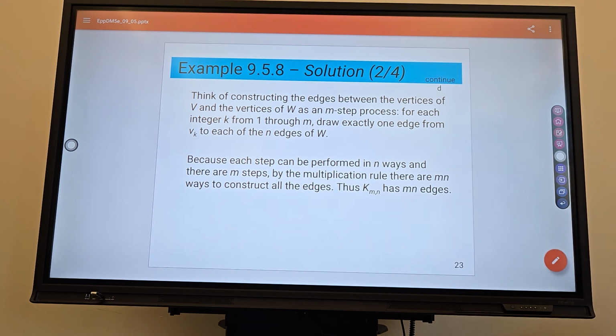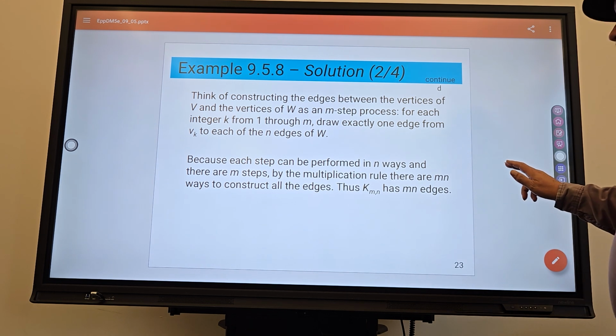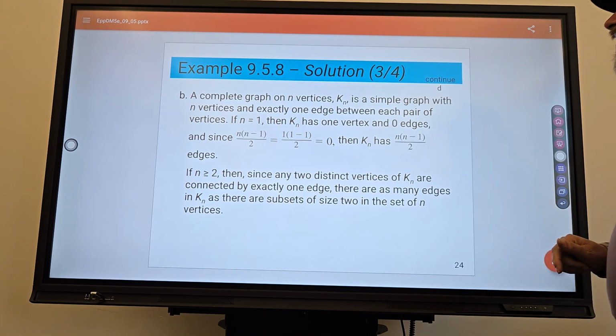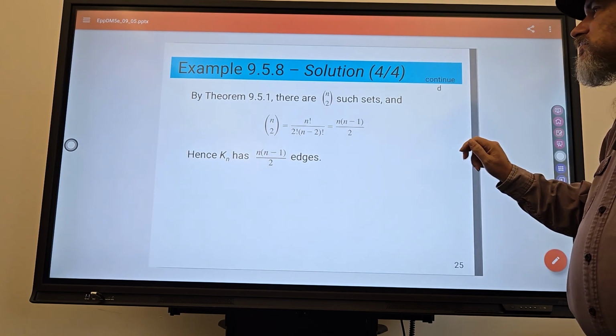Thus, K sub m,n has m times n edges. We didn't do that one.